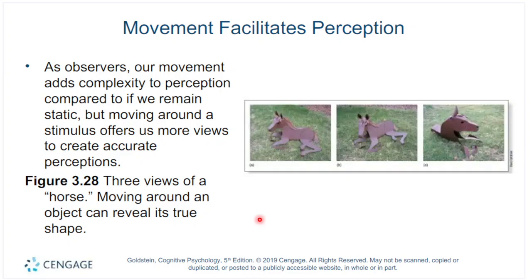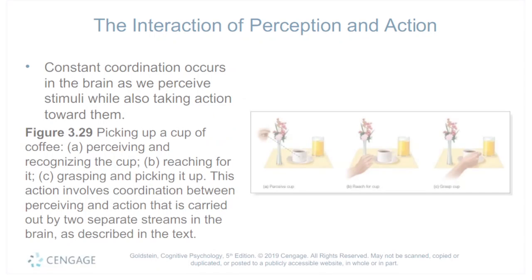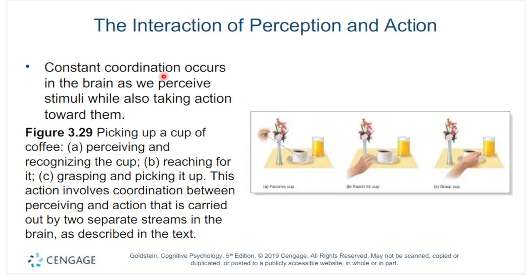So, looking at it in different angles by moving around helps to give us a better or a more accurate view of the shapes in order for us to make a better or a more reliable perception. Okay.